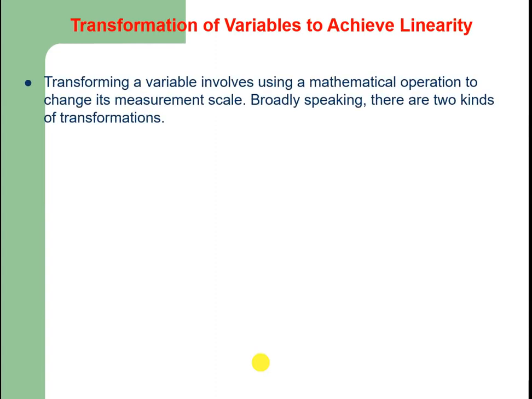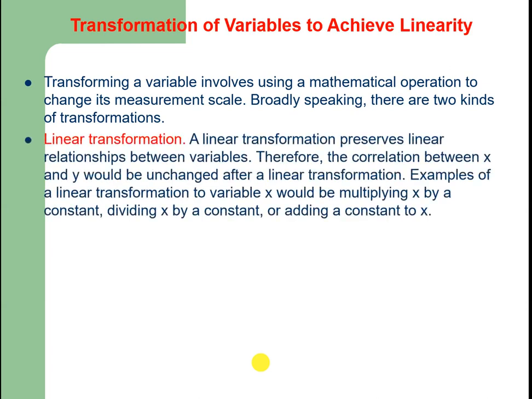So for this purpose we need transformation of variables to achieve linearity. Transforming a variable, which may be an independent variable or a dependent variable, involves using a mathematical operation to change its measurement scale. Broadly speaking, there are two kinds of transformation: linear transformation and non-linear transformation.